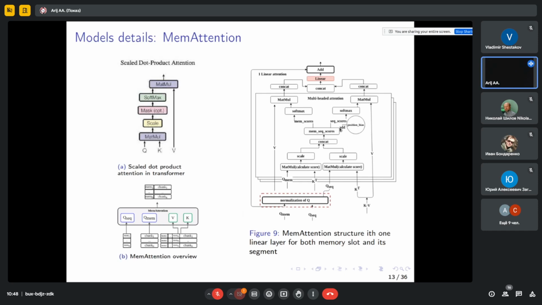After relating each memory slot with the related chunk, I separate them again to calculate the final attention value, concatenate all the representations from all heads, concatenate the memory with the chunk representation, and finally apply the linear layer. This is the first design.